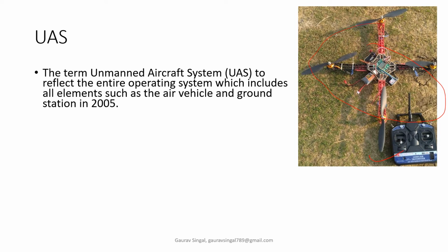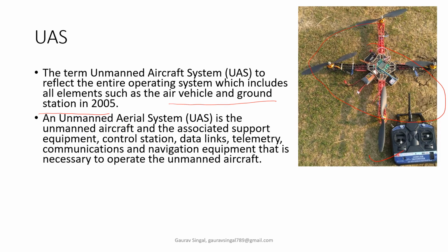The term UAS reflects the entire operating system, which includes all elements such as the air vehicle and ground control station. That term came in 2005. Unmanned aerial system is the unmanned aircraft and associated support equipment, control station, data link, telemetry communication, and navigation equipment that is necessary to operate the unmanned aircraft.